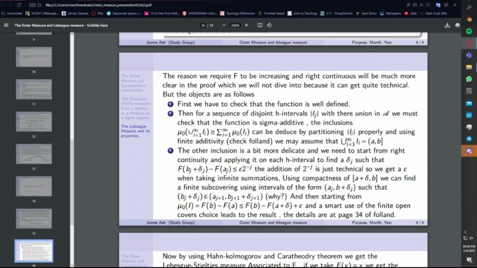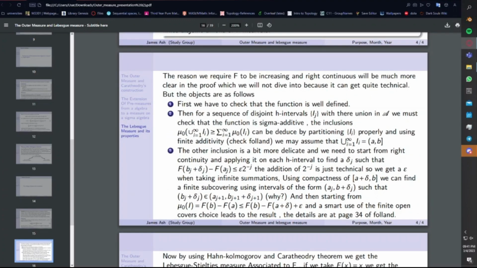So every time you have a proof where at the end you're going to take an infinite summation over epsilons, you just need to factor this by 2 to the minus j. Once you take the infinite summation, you're going to be left with epsilon. It's also present in this proof, and you're going to see it repeated multiple times.